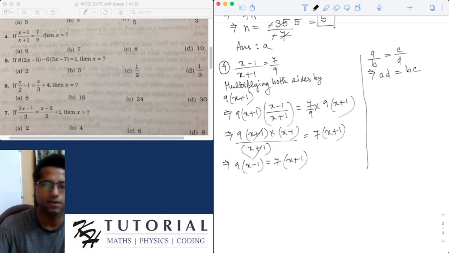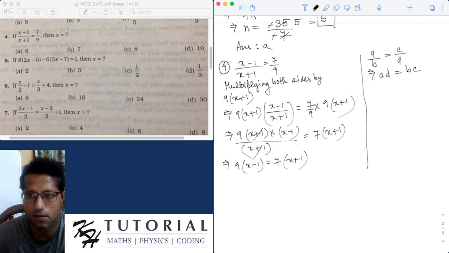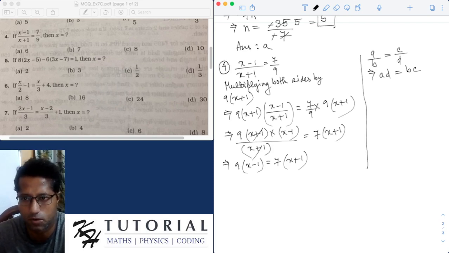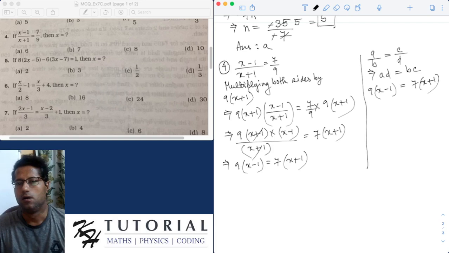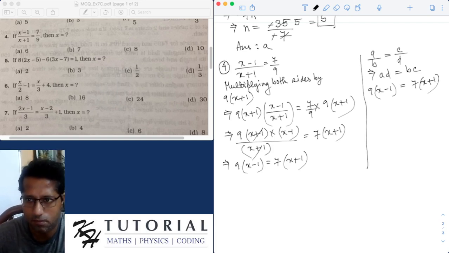The same thing applies with algebraic expressions. In this equation we could have directly done the cross products and equated the two. So we could have directly said that x minus 1 multiplied by 9 equals 7 into x plus 1. So eventually we have arrived at the same form of the linear equation.